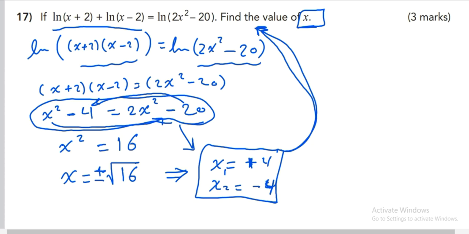If we substitute, you will see that x equal negative 4 is not accepted. Why? Not because it's negative. Because if we put it in the place of x in any part, you will get a negative value. If we put it here, negative 4, it will be negative 4 minus 2 equal negative 6. No ln for a negative number, so this one is refused.